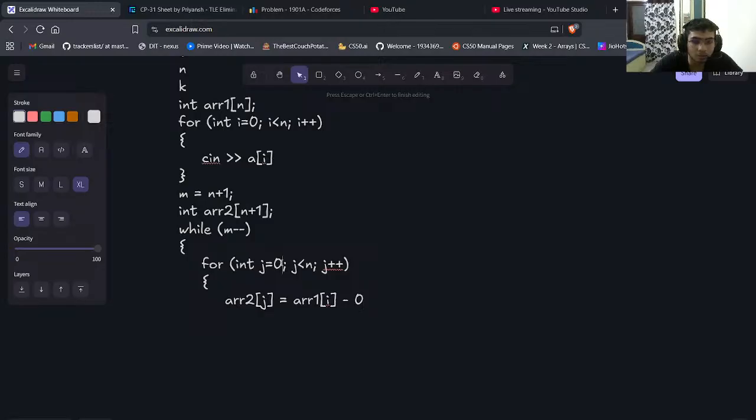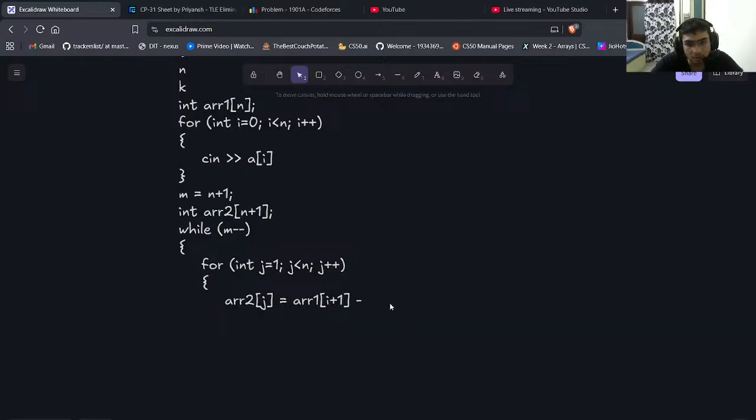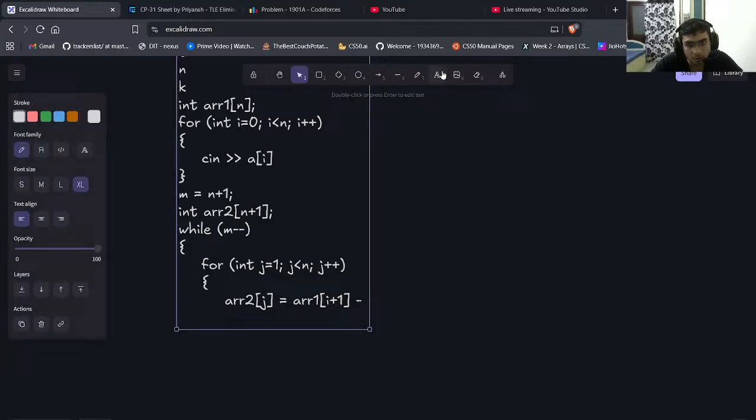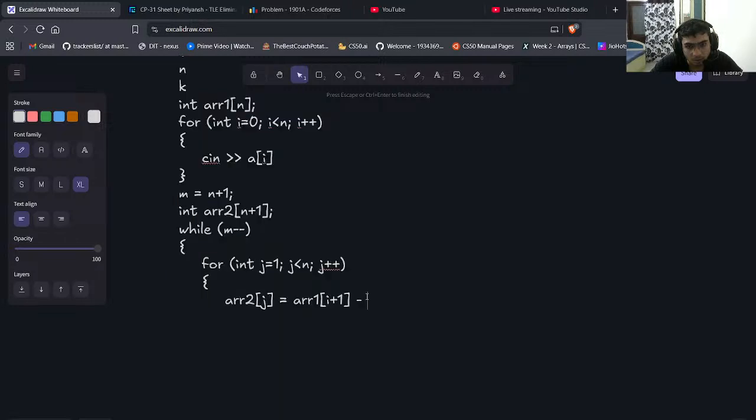I think I should make it j is equal to 1, because the first one and the last one I have to keep out of the group, because it is not relating to that. 2 plus 1 minus ARR.